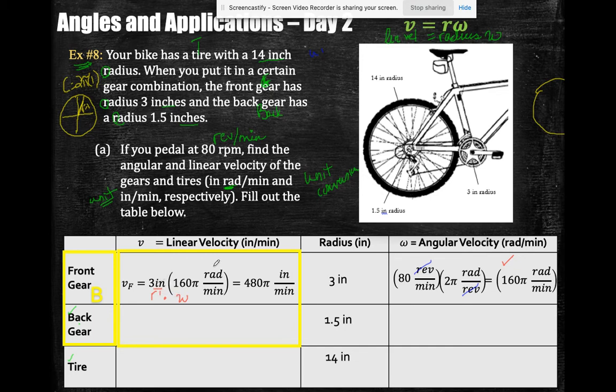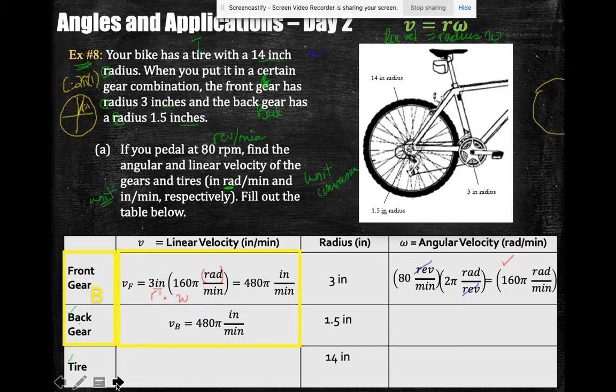So you have inches times radians, but what kind of units are in radians? Unitless. So inches times radians, think of this as a 1. It's kind of like an identity. Per minute, 480 pi inches per minute. That is the linear velocity of the front.